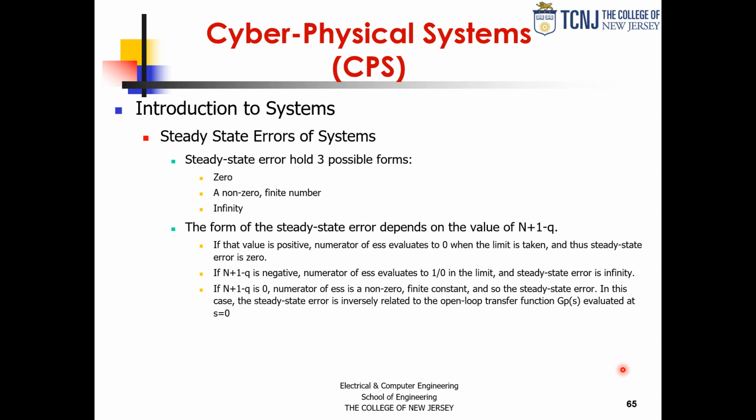You have 0, a finite number, or infinity. And there is a way, once you know the system type, and you know the number of poles, because you know the system type of the system, you can basically calculate whether you're going to get a 0 error, a finite error, or infinity.